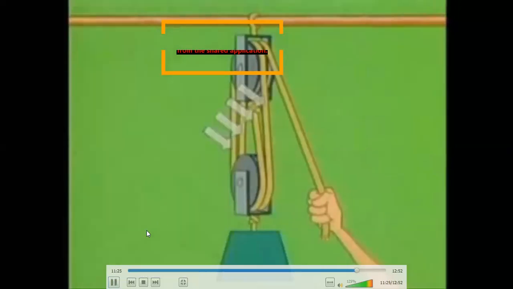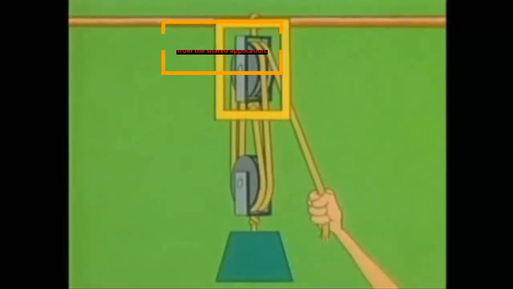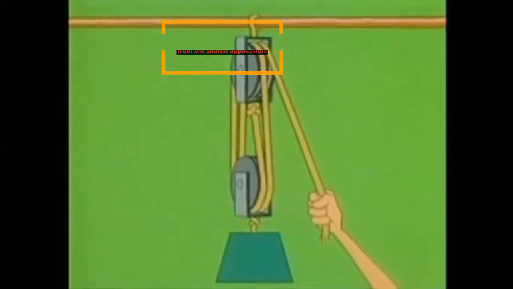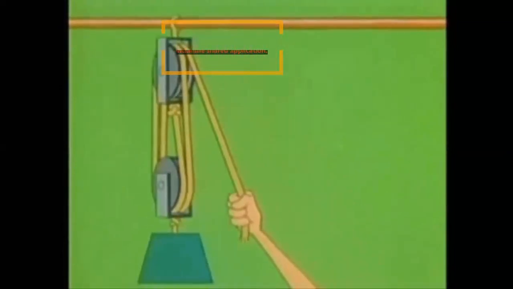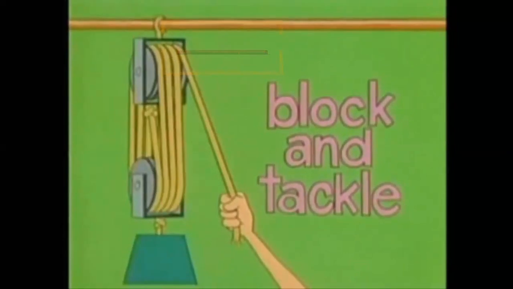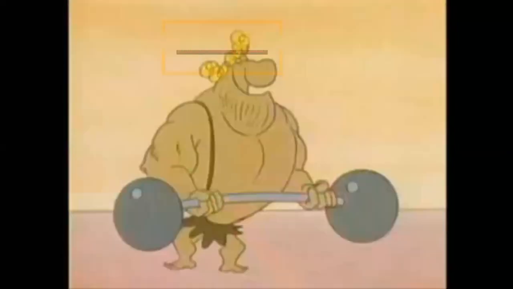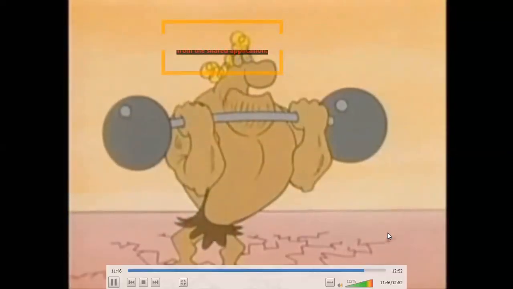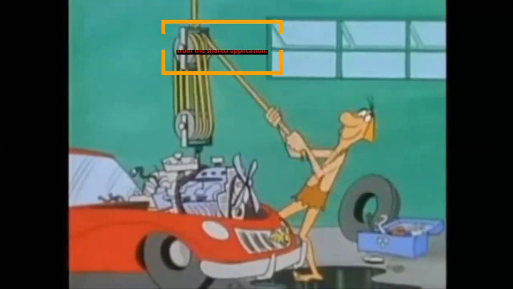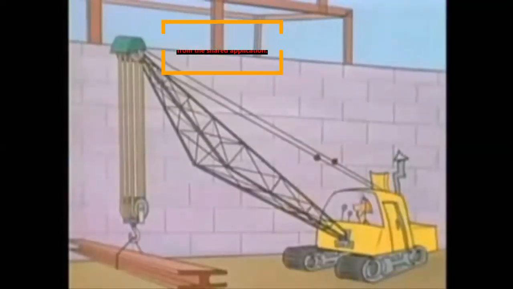See. This device is called a block. This is another block. The whole system, pulleys, blocks, and ropes, is called a block and tackle. The more pulleys and rope segments in a block and tackle, the greater the mechanical advantage, and the heavier the loads you can lift. So pulleys are simple machines that you can use in many different combinations to help you do work.